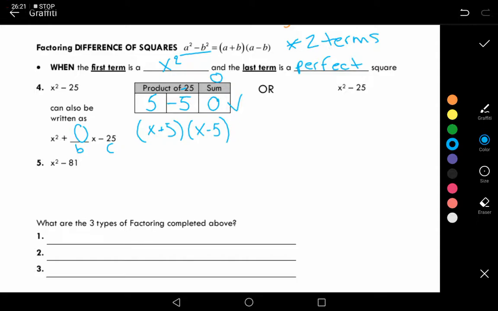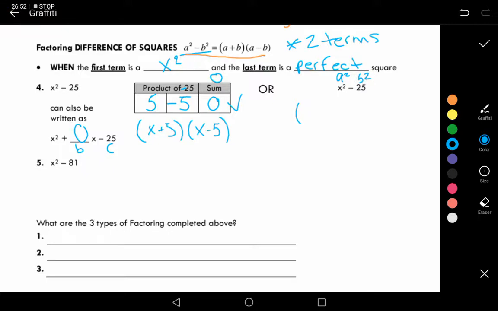But I could have gotten there just by using this formula that you see above, because it tells me how to do it. If I factor a squared minus b squared, I'm going to have two brackets. The first term in the first bracket is a. Remember this is a squared and this is b squared.